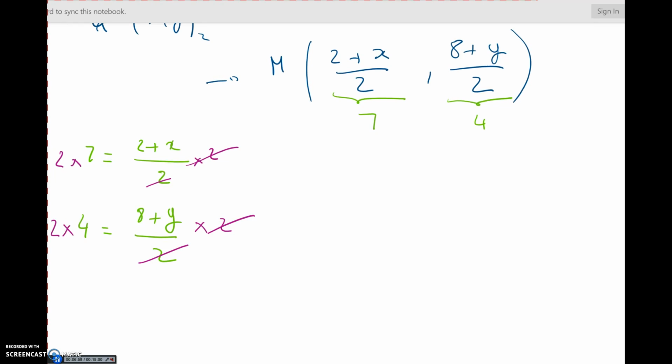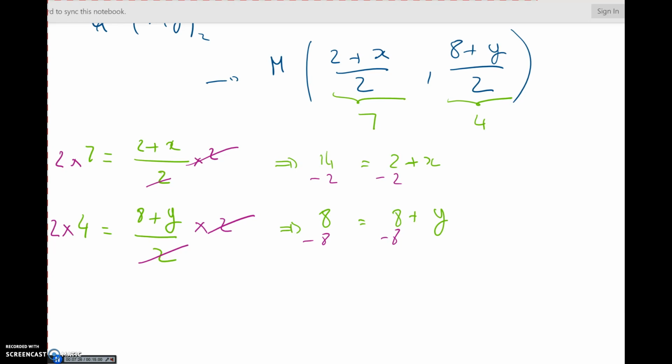Therefore, you end up with 14 equals 2 plus x, and on the other side 8 equals 8 plus y. Now, if you want x and y standing by themselves, you subtract the 2 from both sides and subtract the 8 from both sides.